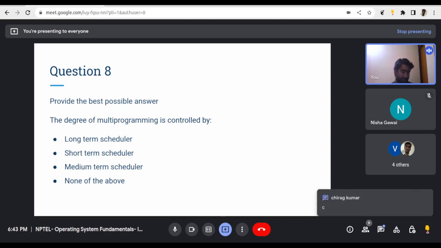The long term scheduler, the short term scheduler, the medium term scheduler, or none of the above? Nisha says long term scheduler. Sonu also says long term scheduler. Any other answers?